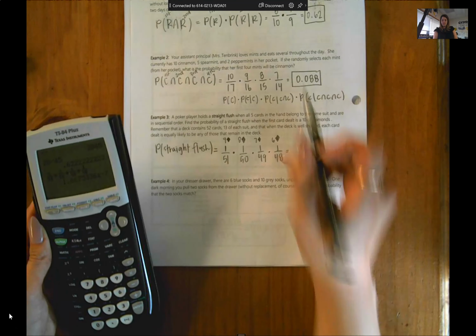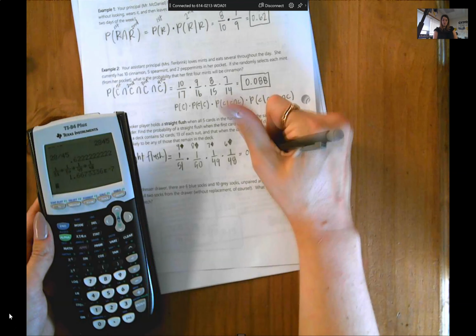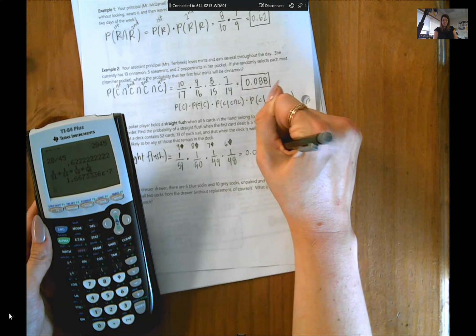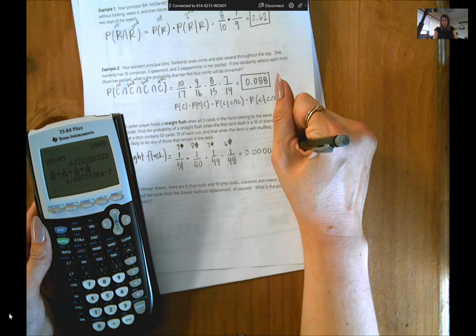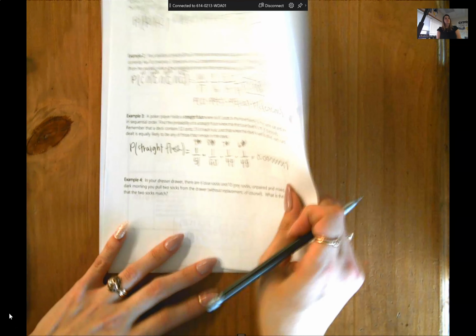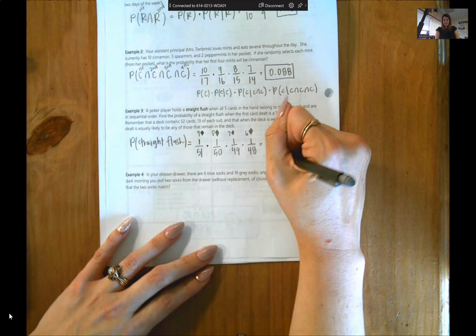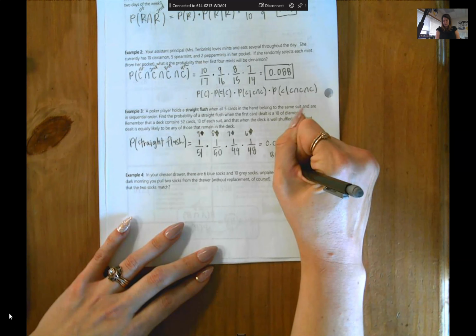So really it's 0.6 zeros. 1, 2, 3, 4, 5, 6. We'll go 1, 7. So basically 0.